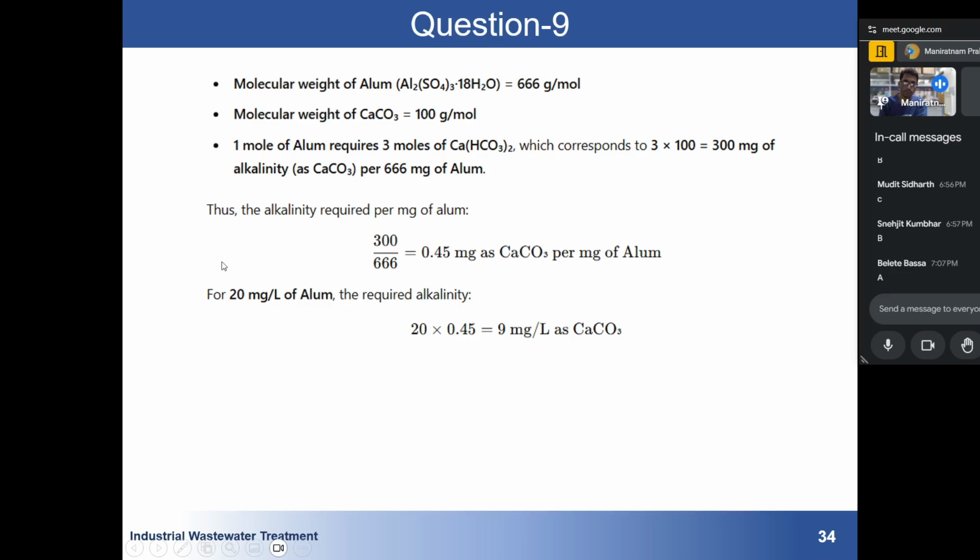I have calculated for 1 milligram, then for 20 milligram it will be 20 into 0.45, that is 9 milligram per liter. Did you get it? Why do we have 9 milligram per liter? How did you make it 4.5?